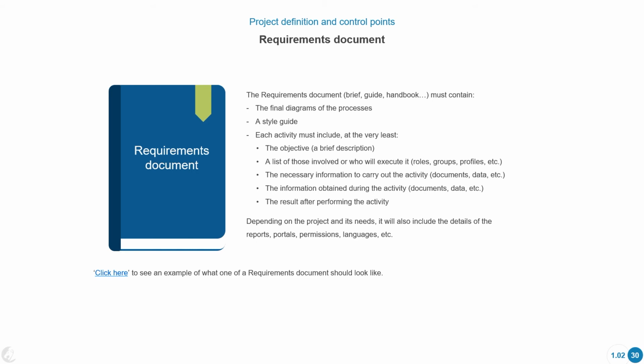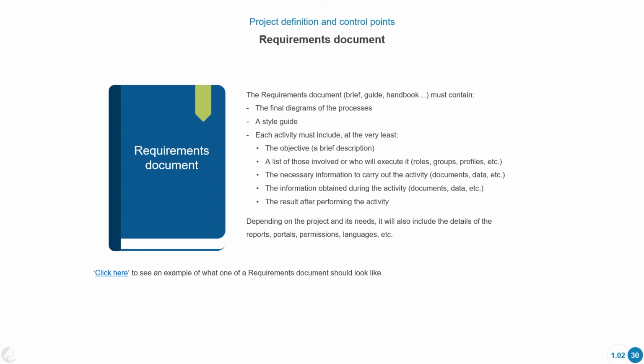And let's imagine we're still talking about this task that someone has to perform. We need this person to be able to read or see enough information to carry out the activity, maybe their documents, data, fields, instructions. And we also need to know what data they have to input into the system.